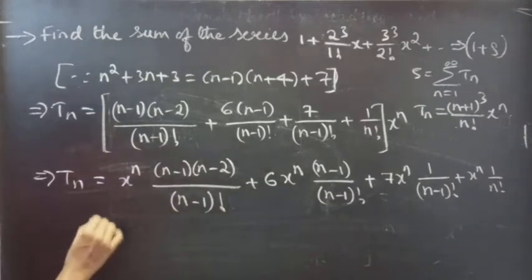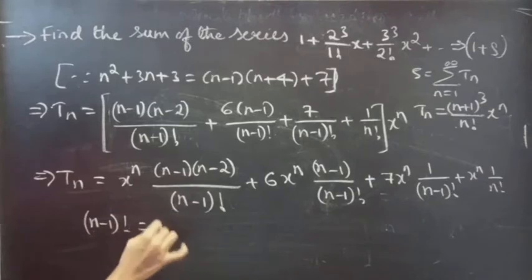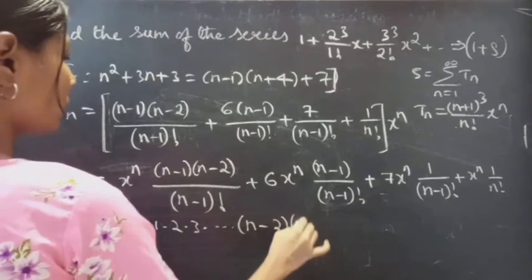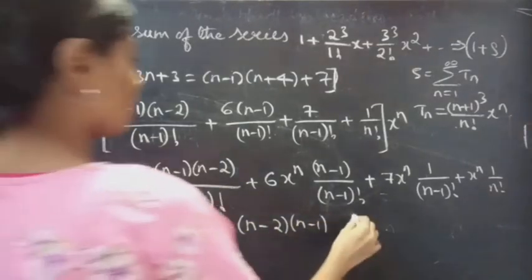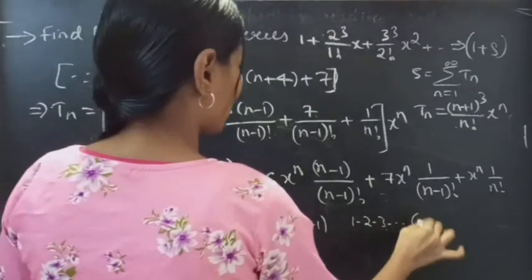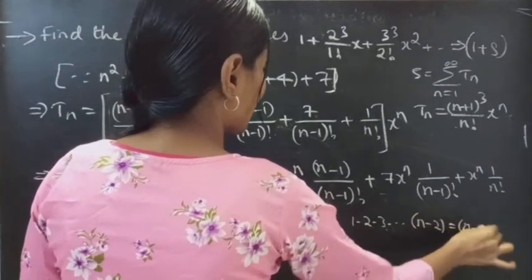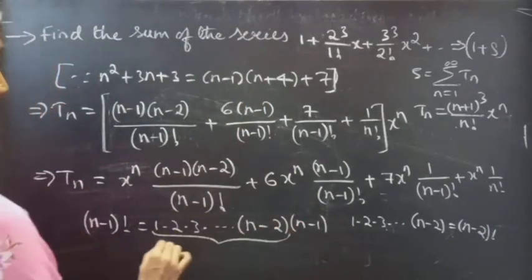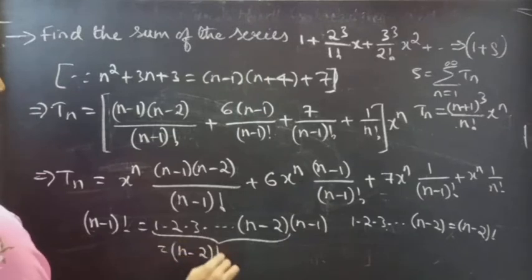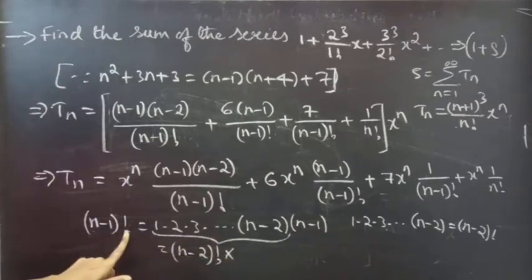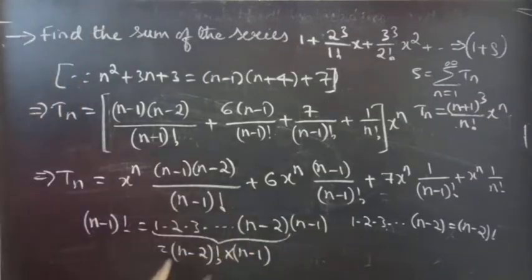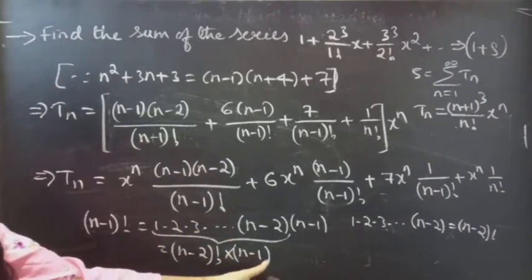We know that (n-1)! equals 1 into 2 into 3 and so on into (n-2) into (n-1), and 1 into 2 into 3 and so on into (n-2) can be written as (n-2)!. Then (n-1)! will be (n-2)! into (n-1). Now we'll replace this (n-1)! by (n-2)! into (n-1).